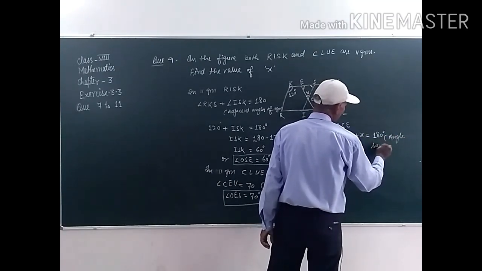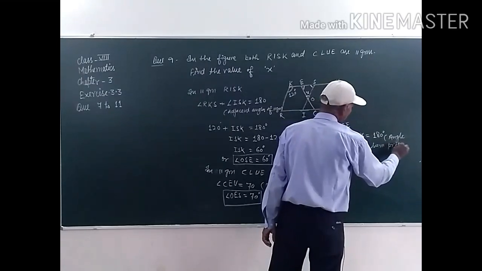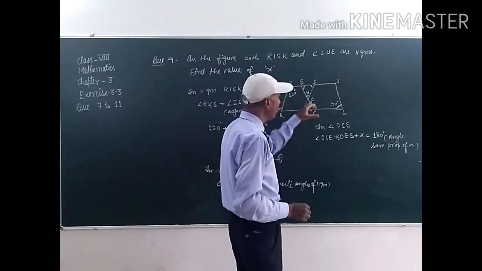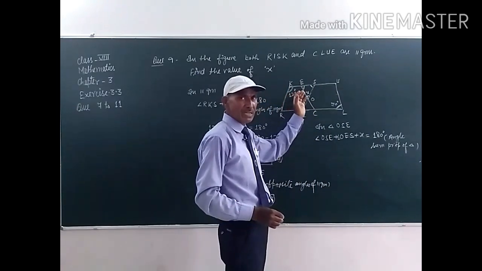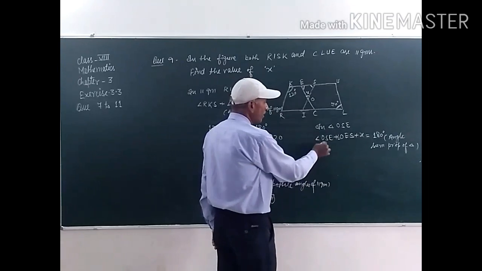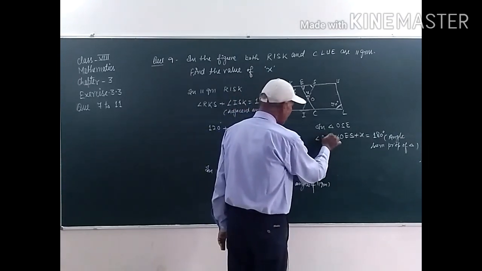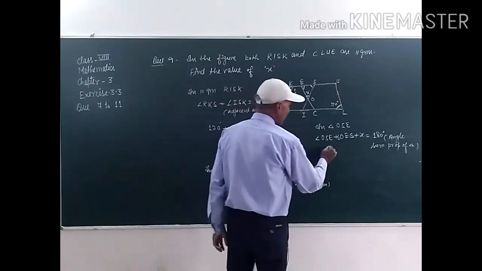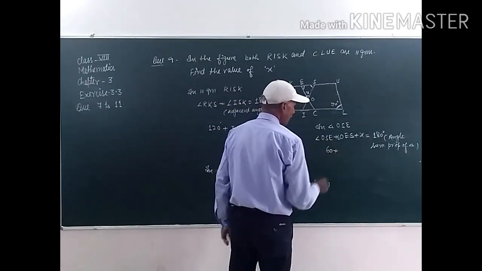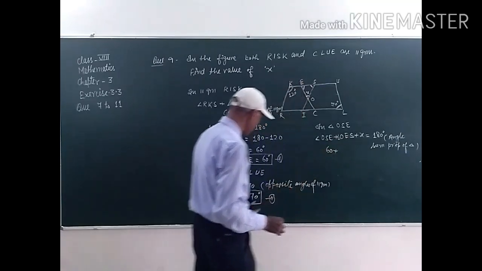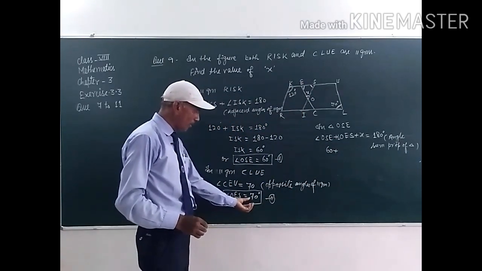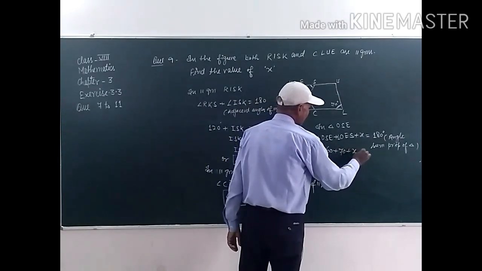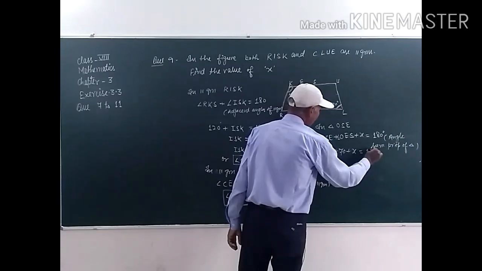Angle sum property of triangle. Using this property, we find the sum of all angles of this triangle will be 180 degree. So, angle OSE we have find here, that is 60 degree. 60 plus angle OES, that is 70 degree, plus x is equal to 180 degree.